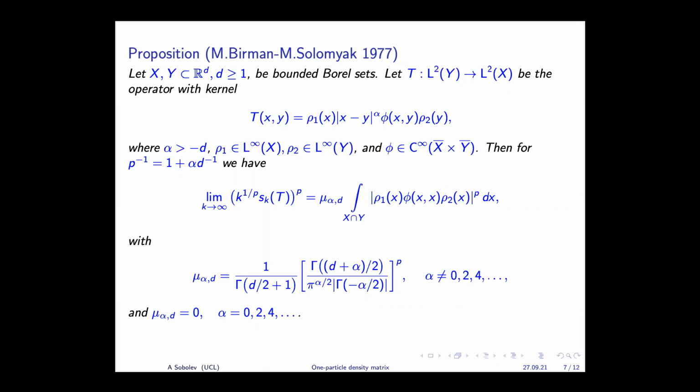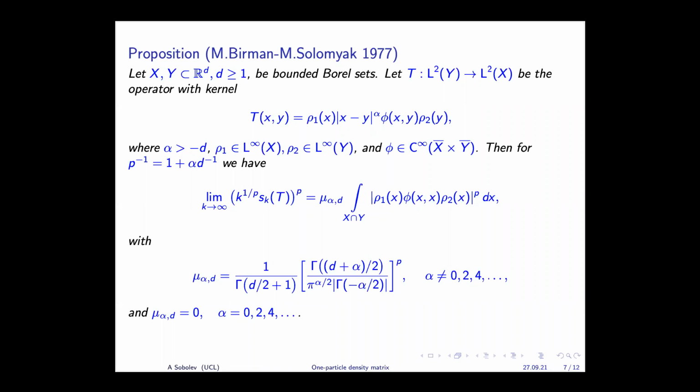Notice that X and Y have the same dimension. You remember that function psi has a variable that is 3n minus 3 dimensional, and this one is 3 dimensional. So this cannot be applied to function psi immediately, but let's just get on with this proposition first.